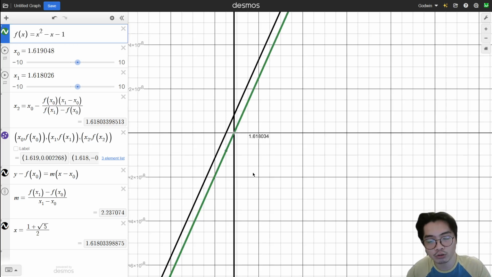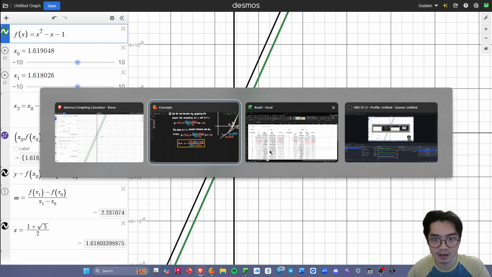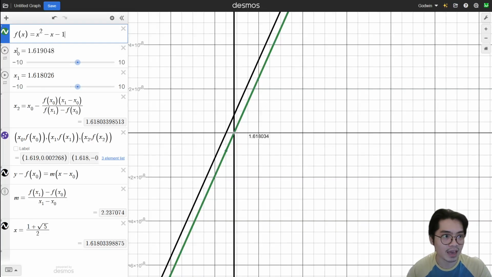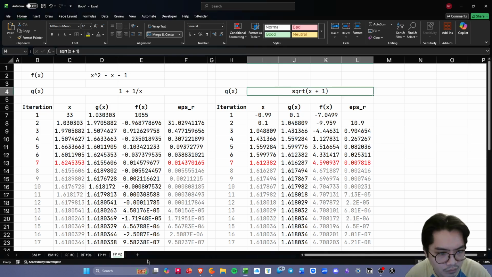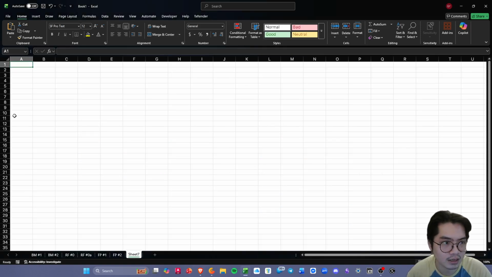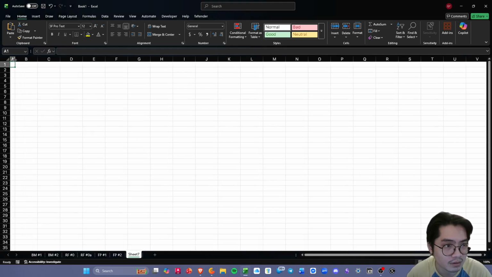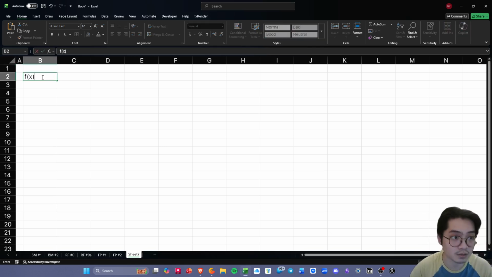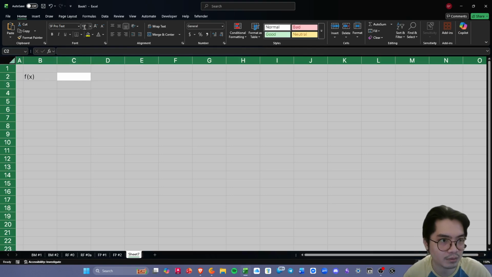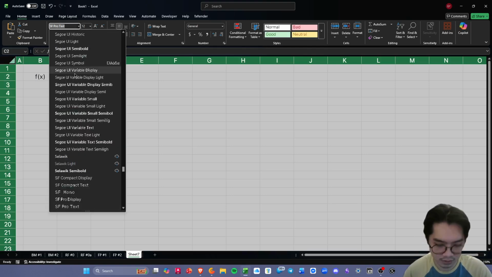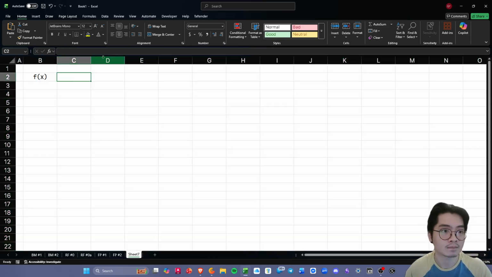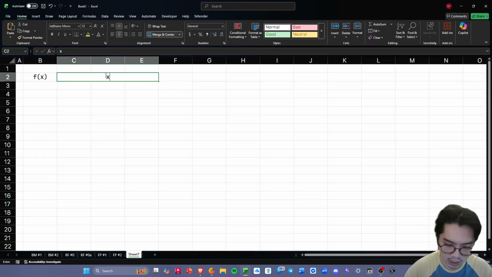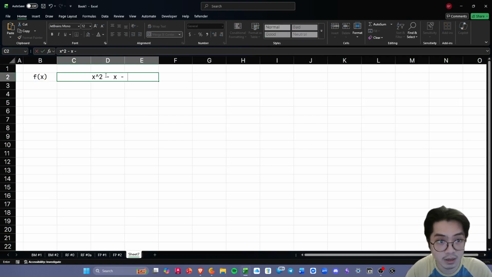So how are we going to automate this in Excel? Well, let's have our x0, x1 as an old and a new, and then a newer value. Have here your secant method. Let's make this a little bit bigger. Then your f of x, again, we have x squared minus x minus 1.